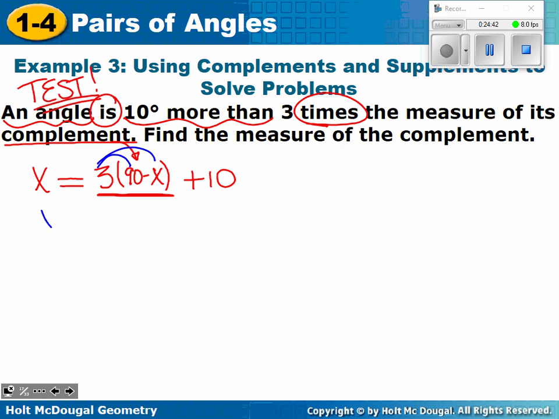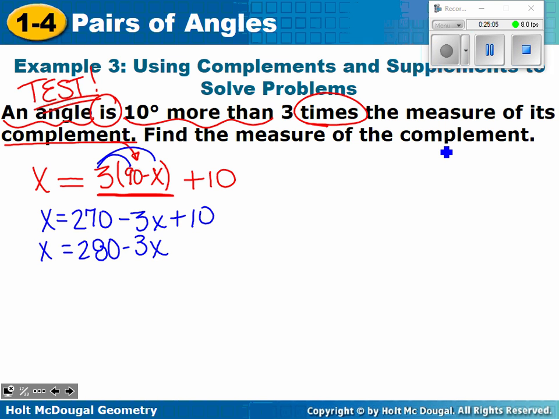Distribute. So x equals 3 times 90 is 270. 3 times negative x is negative 3x plus 10. Okay, can I combine like terms on the right? 270 and 10 is 280. So I have x equals 280 minus 3x.